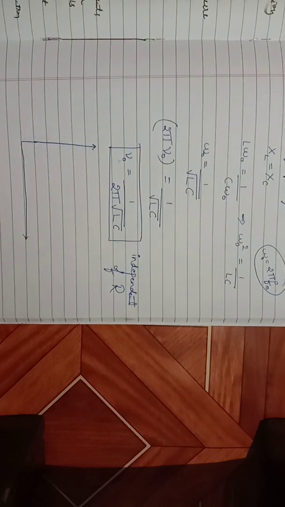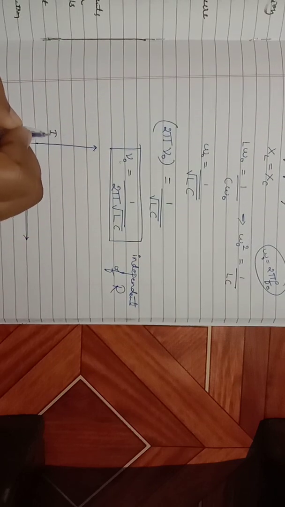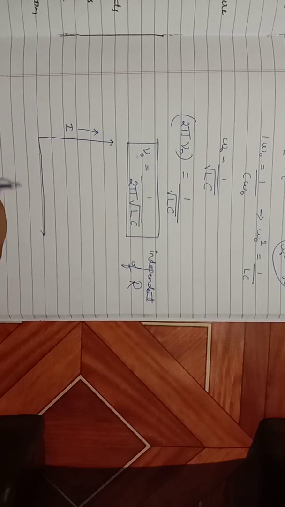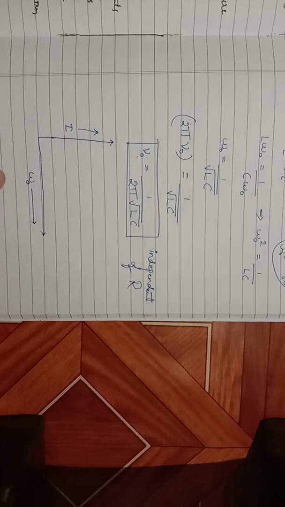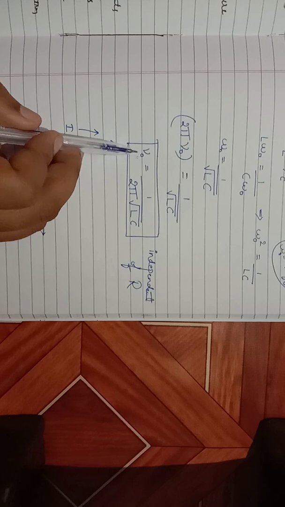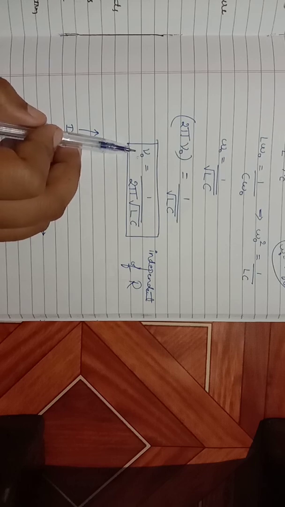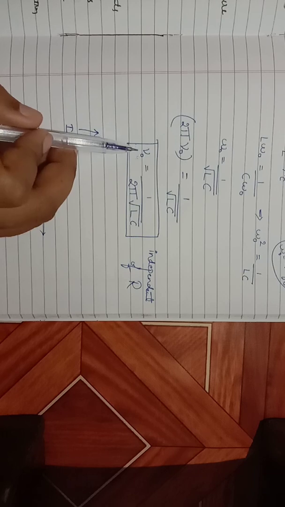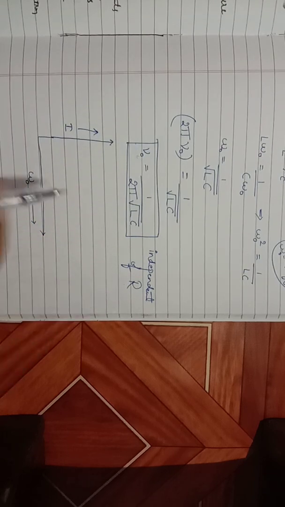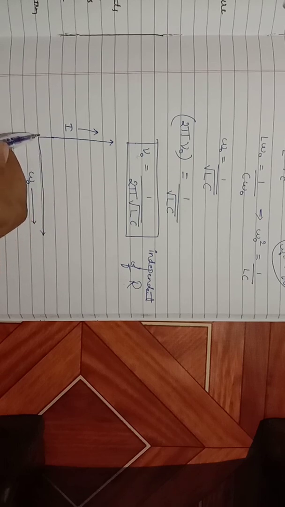On the y-axis I am showing the variation of current, and on the x-axis I am showing omega naught, the resonant angular frequency. I told you mu naught is independent of R. I am justifying my statement by showing the variation of current with omega naught.